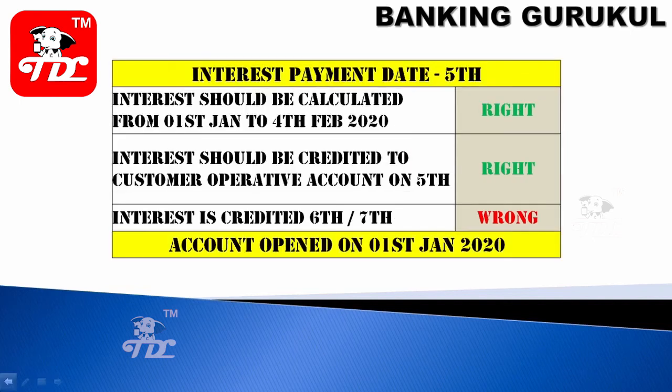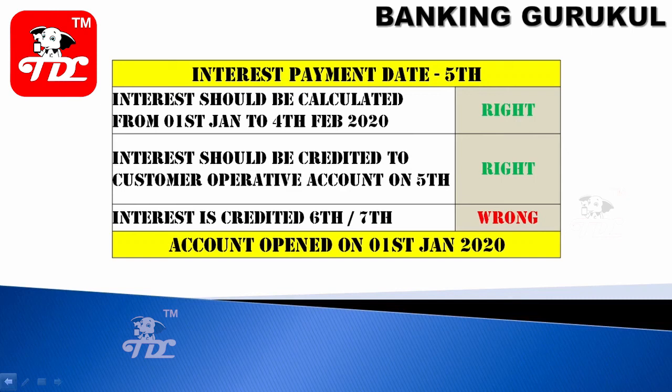Interest payment date. While opening a fixed deposit, you say you want monthly interest to withdraw, and they'll ask what date you want to withdraw. You give every month 5th. In my example, I opened a deposit on 1st January, so next month on the 5th I can withdraw my interest.